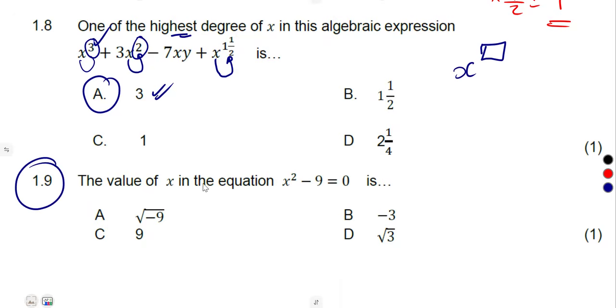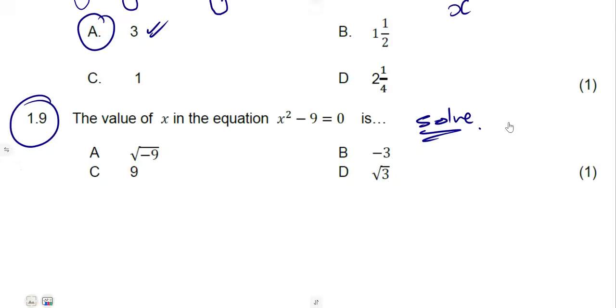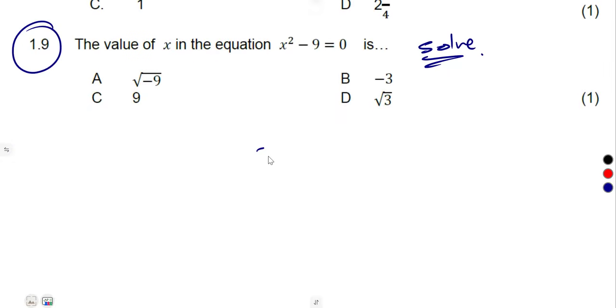1.9, the value of x in the equation. Just solve so that we can know the value of x. When you're given x squared minus 9 is equal to 0, remember, we can solve this either by the factorization method, which I talked about, or we can take the negative 9 to the other side of the equation.